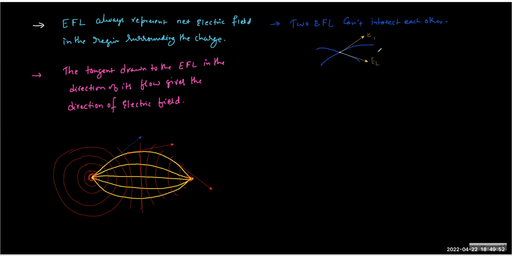So if I throw a ball, I cannot think that the ball at a certain point of the sky will move in two directions at the same time, unless it is broken into two parts. So at one point we only expect one line. Intersection will lead to absurdity. At one point we would have two field directions, and because this is not possible, they cannot intersect.